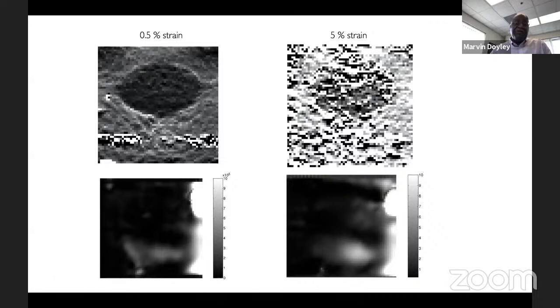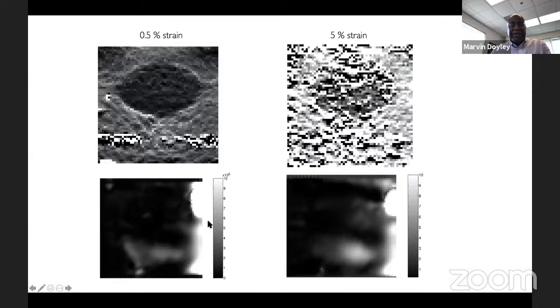When you're doing freehand elastography, if you're not careful, a lot of your data will be like this. So in order to make your technique robust in terms of reconstructing, we have to develop ways to deal with that. At the bottom here, this is the standard least squares for this case.